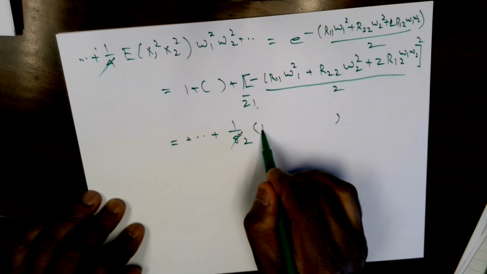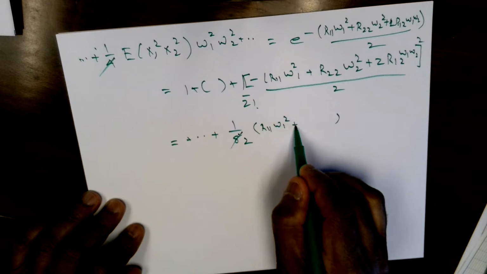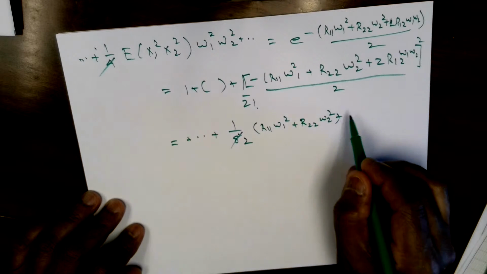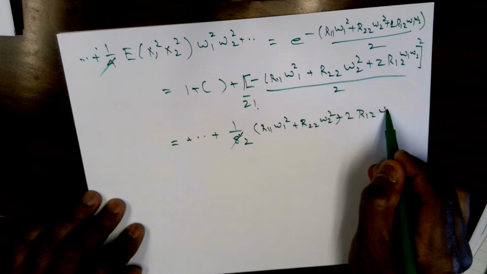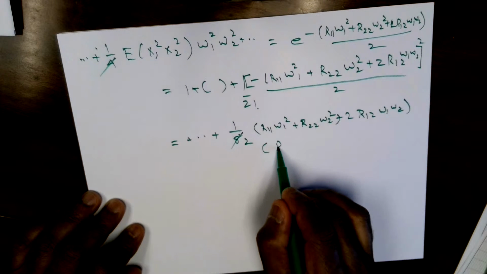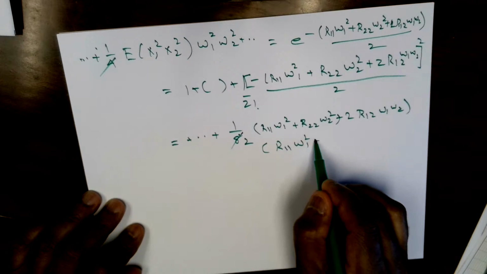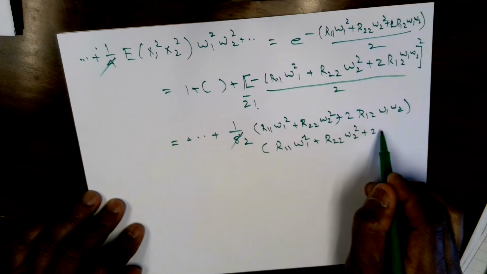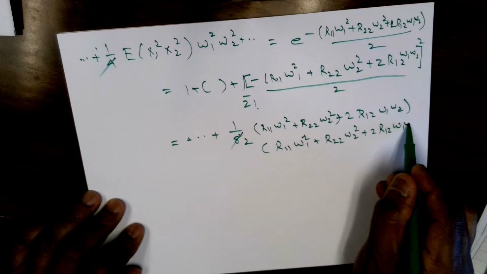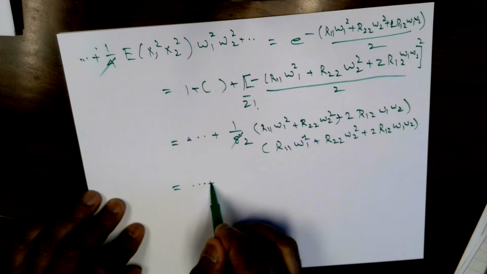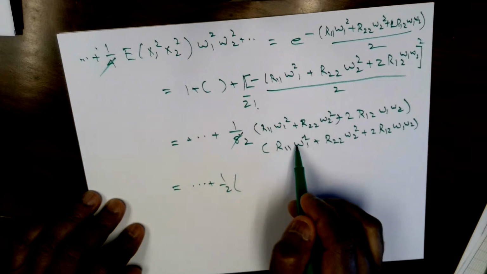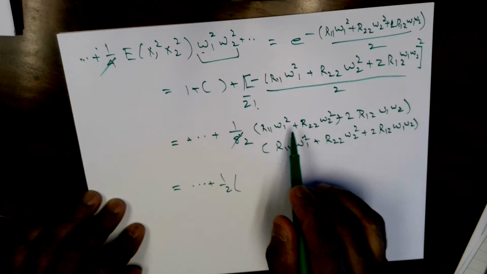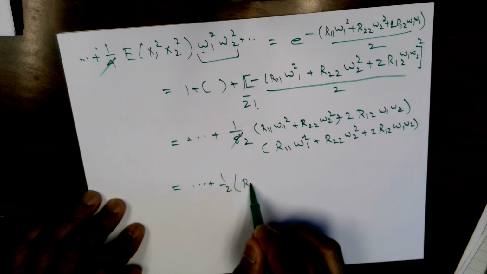So this term is r11 omega 1 squared plus r22 omega 2 squared plus 2r12 omega 1 omega 2, squared. I'm going to write it one more time so that it's easy to see: r22 omega 2 squared plus 2r12 omega 1 omega 2. So if you expand, keep in mind that we are interested in collecting these terms. This multiplied by this, I can see I get r11.